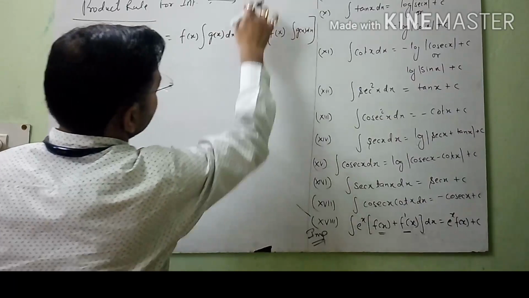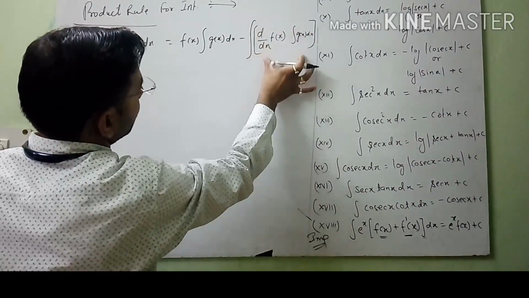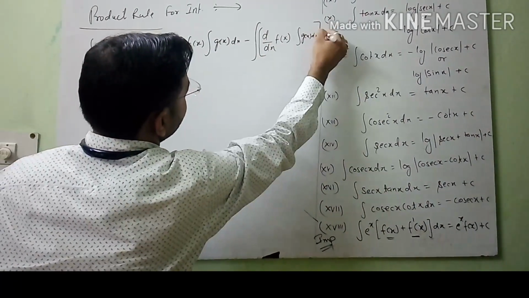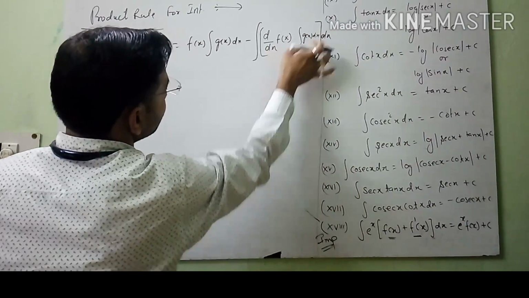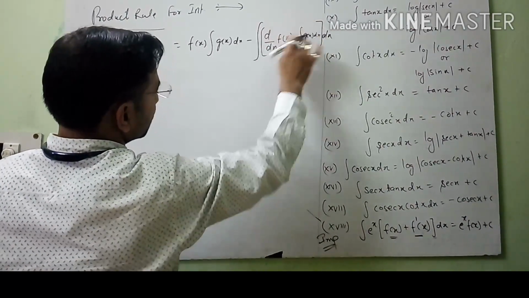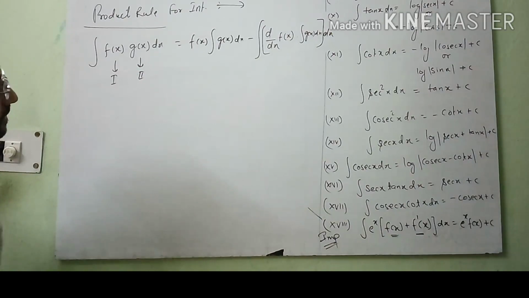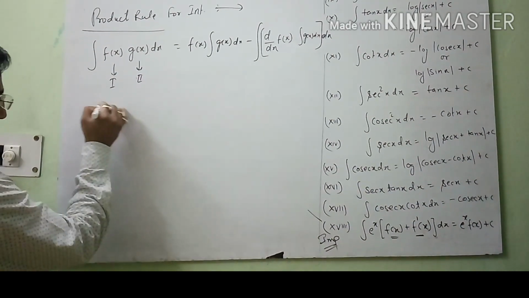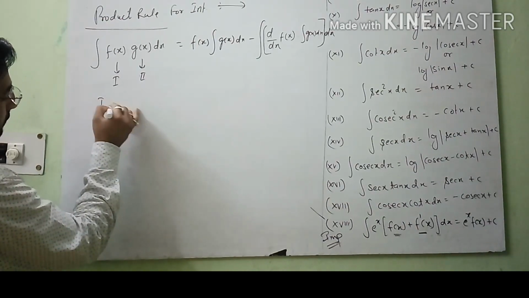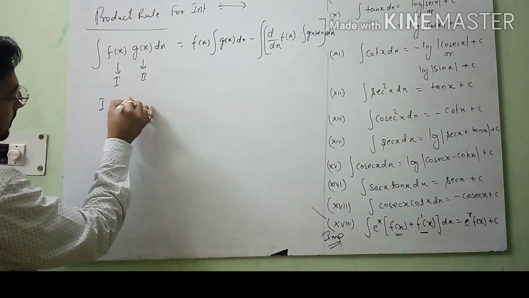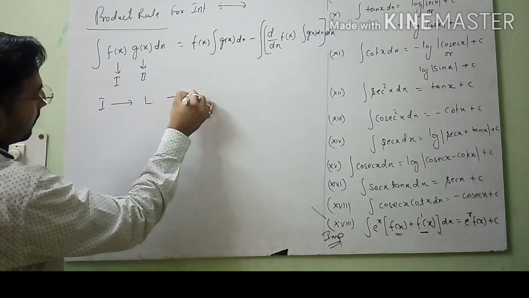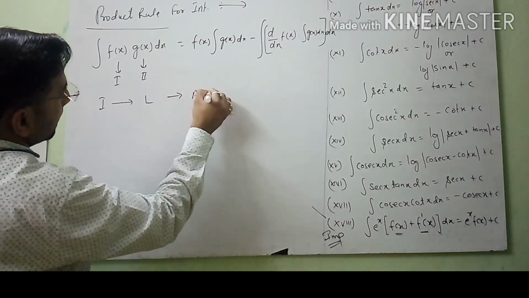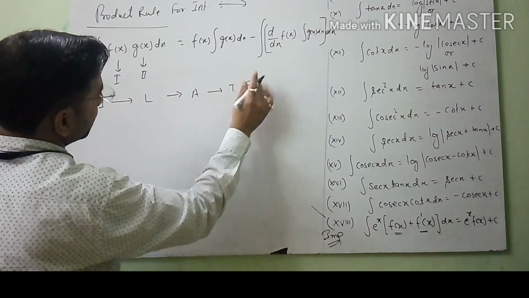After that, because I am using the large integration for all, I will write dx for the whole solution, which will come after the solution of the inside value. Clear students? This is the formula for the product rule. But here we will follow the ILATE rule before this product. According to this, I will solve integration problems.